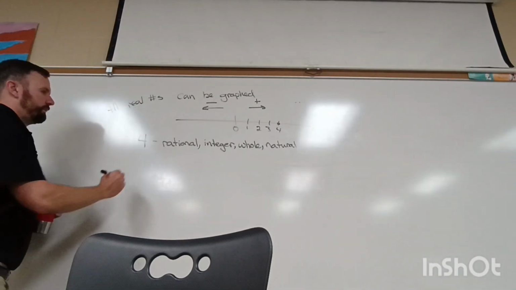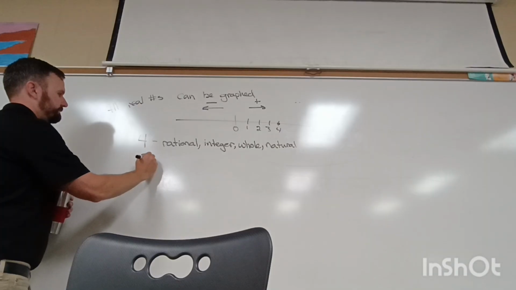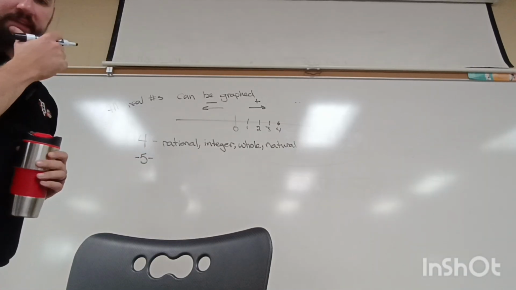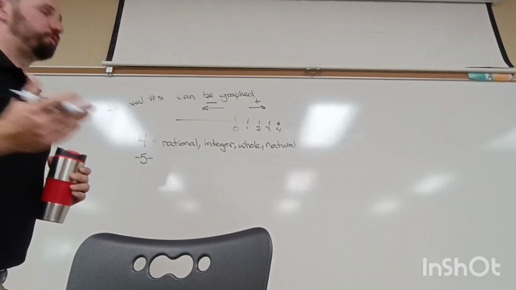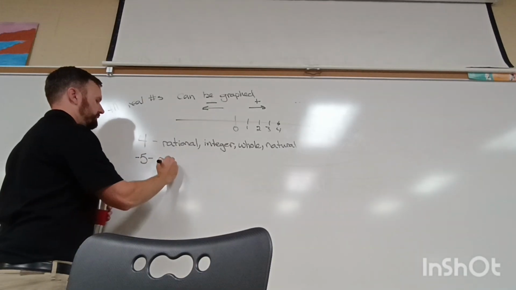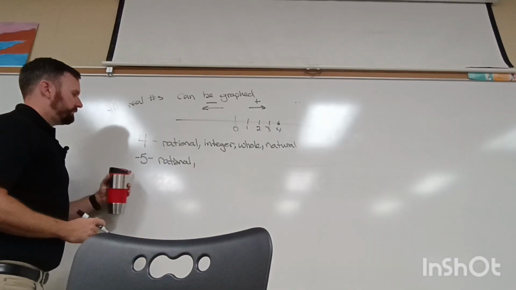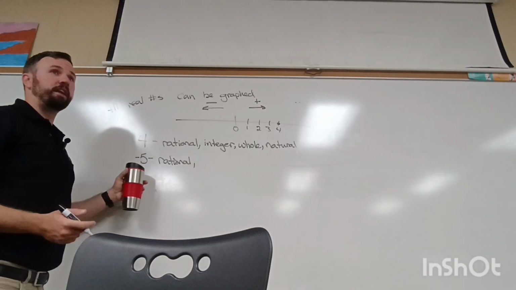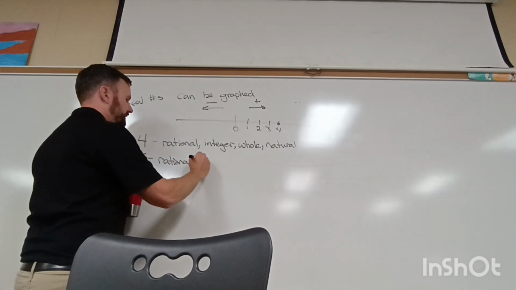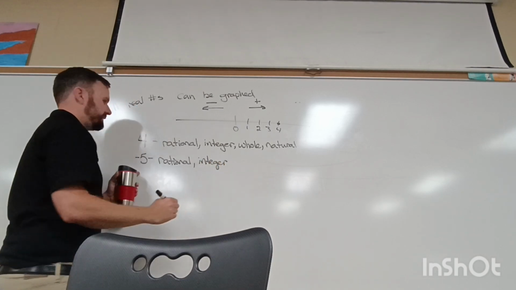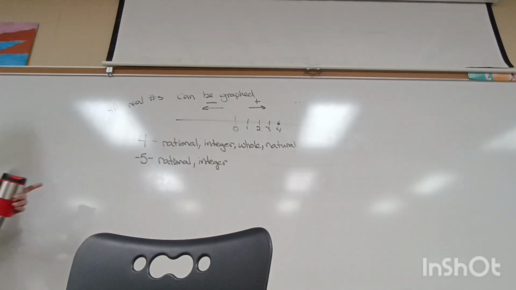All right. What about negative 5? So when I look at my chart, it's not a decimal, so that already tells me it's going to be rational. Again, not a decimal at all, so I know it's going to be an integer. Now, it's negative, so is it a whole number?